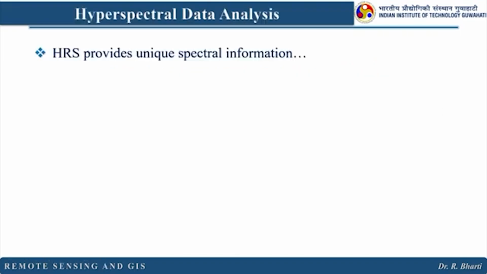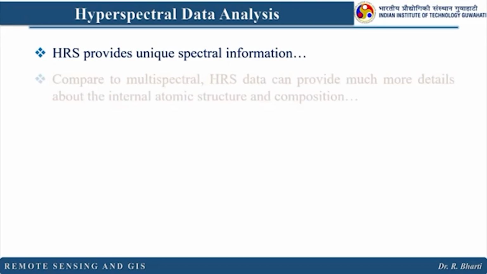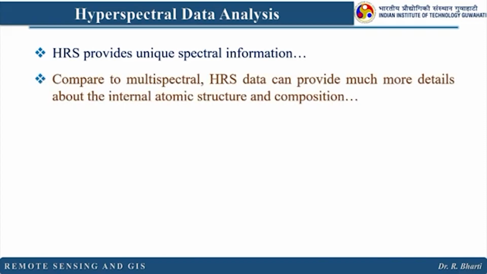So in hyperspectral remote sensing data analysis, we have certain advantages that I want to highlight. Hyperspectral remote sensing provides unique spectral information which we cannot have with multispectral and panchromatic data. Compared to multispectral, hyperspectral data can provide much more detail about the internal atomic structure and composition.